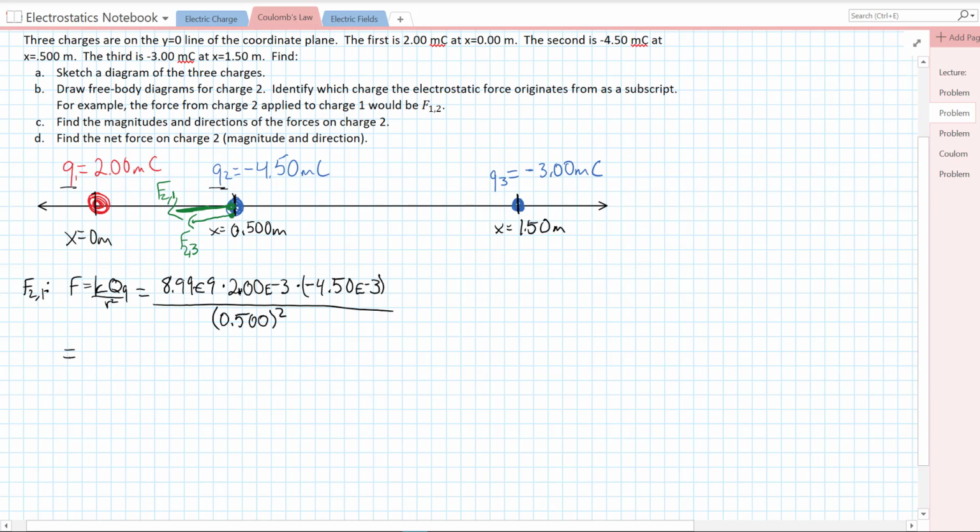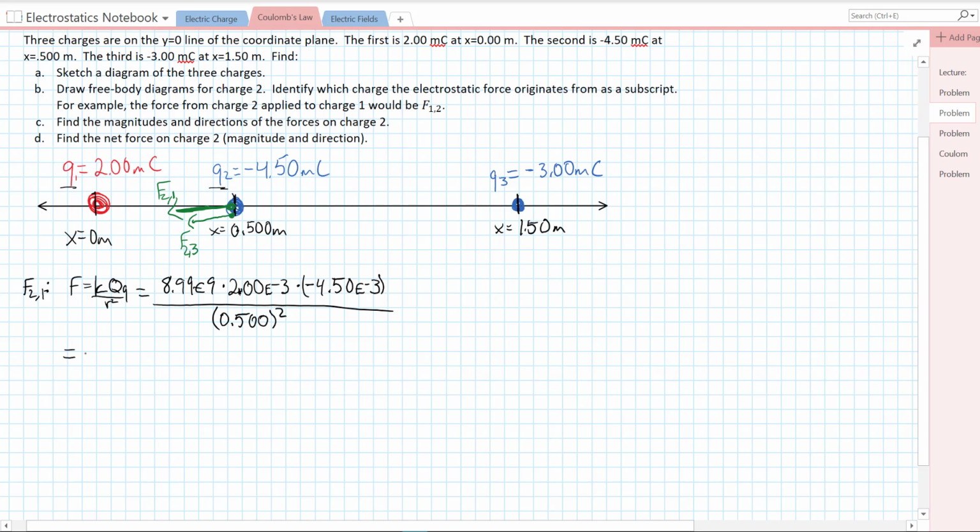Plug it into a calculator. 8.99 times 10 to the 9 times 2 times 10 to the minus 3 times -4.5 times 10 to the minus 3 divided by the quantity 0.5 squared gives us a pretty significant force.